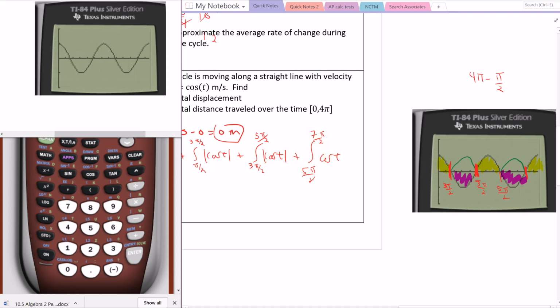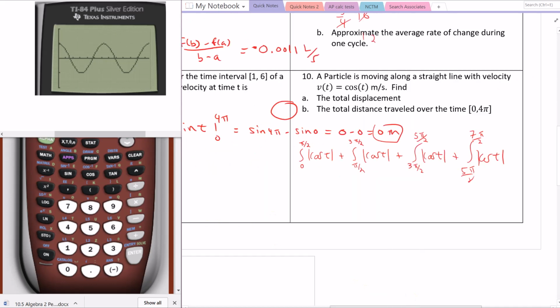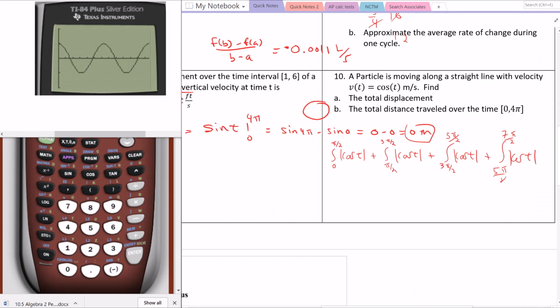Then you have to take the absolute value of each one individually. The nice thing is they're kind of symmetric, so it's probably a lot easier than you might think. The antiderivatives are all the same. So this one is sine t from 0 to pi over 2. This one is sine t from pi over 2 to 3 pi over 2.